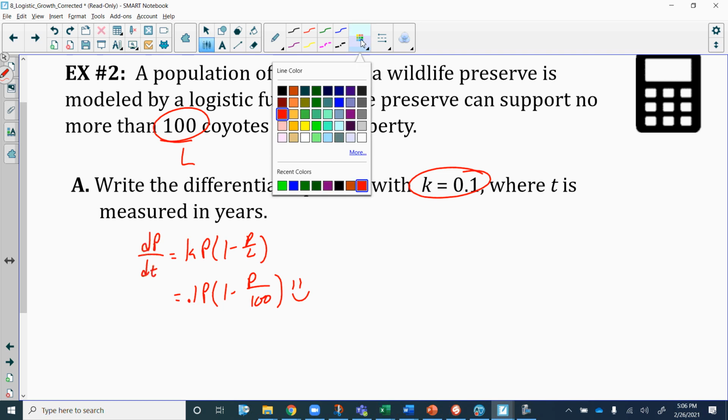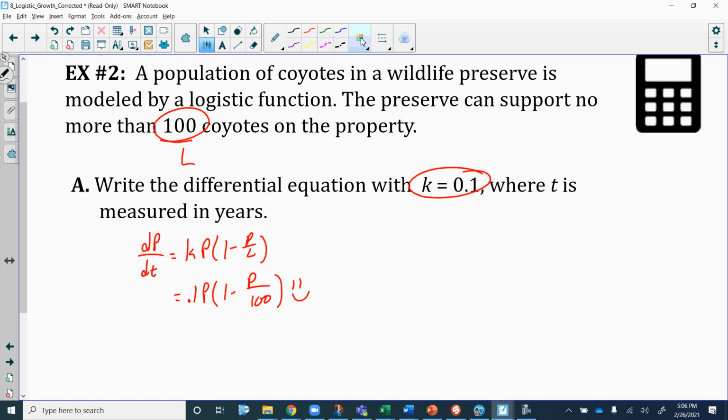One extra thing that we're going to do, and I'm going to use it to make a point later on: we can also distribute the 0.1P into the parentheses and get 0.1P minus 0.001P squared, and then we can factor that to be 0.001P times (100 minus P).